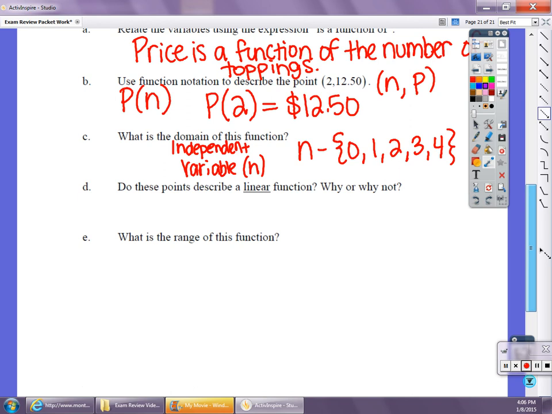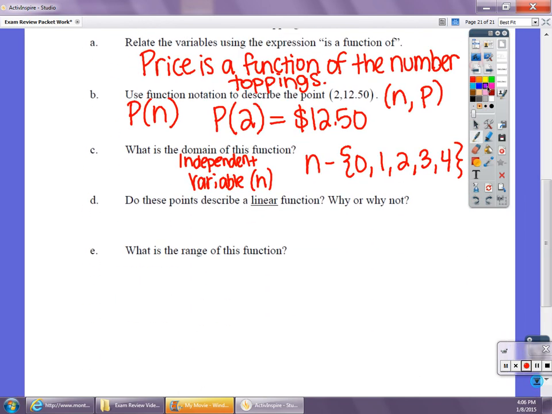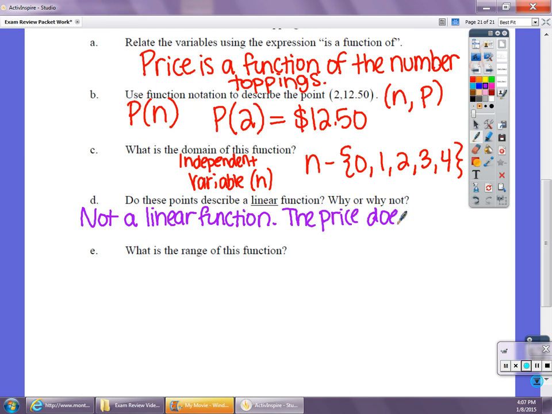Linear functions have to have a constant rate of change, and ours is not increasing in that manner. We're going to say not a linear function. The price does not increase at a constant rate.